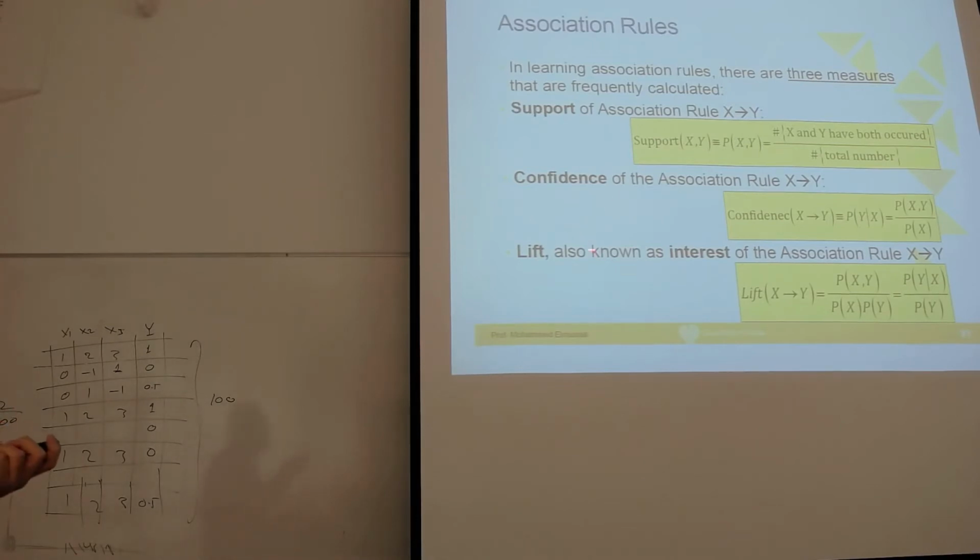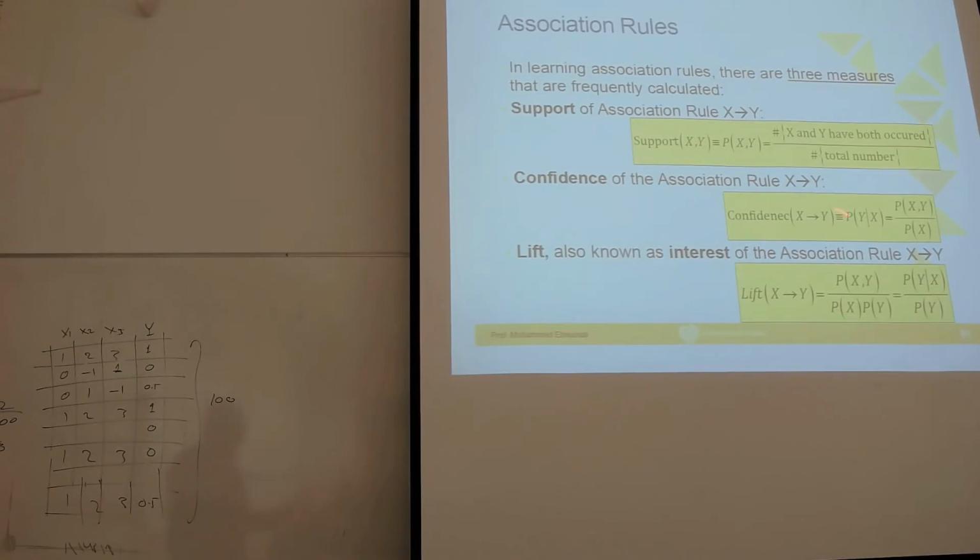What is the confidence? The confidence of X leading to Y is the probability that Y will happen given X has already occurred. By Bayes, or by conditional probability, this is equal to the probability of X and Y divided by the probability of X. The probability of X and Y is nothing but the support.